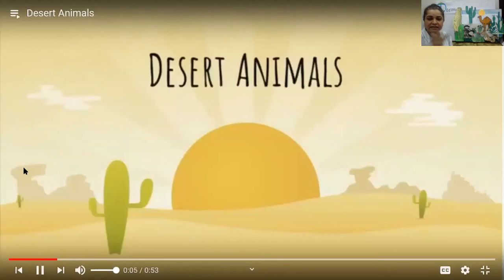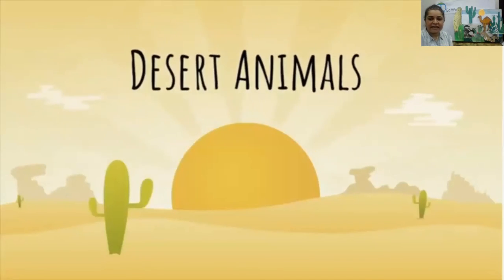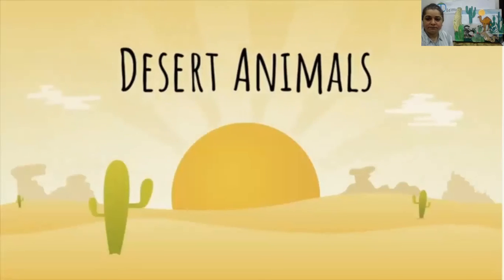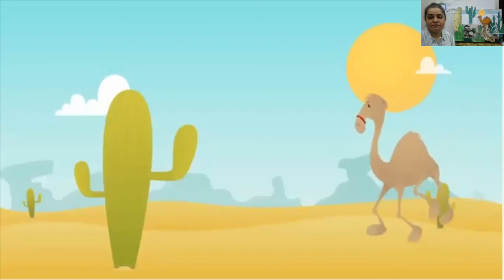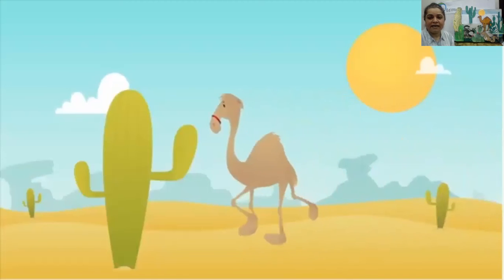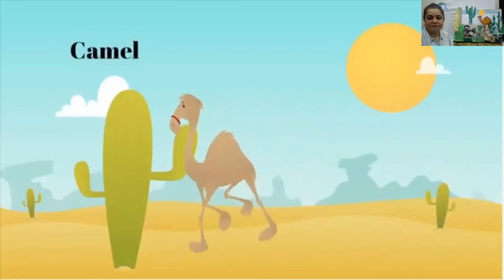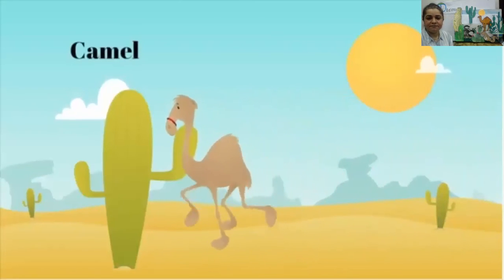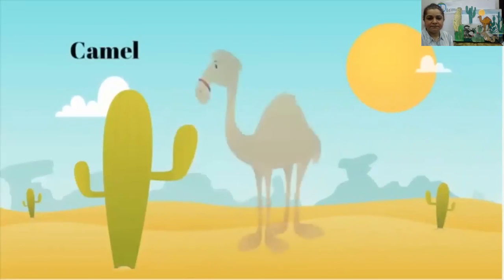See, it's sunny. And you can see the cactuses, which are found in the desert and live there easily. Mostly, it's the camel because camel can store a lot of food, energy, and water inside its body and can live in the desert easily.